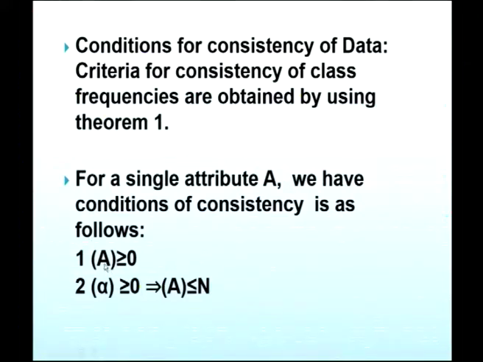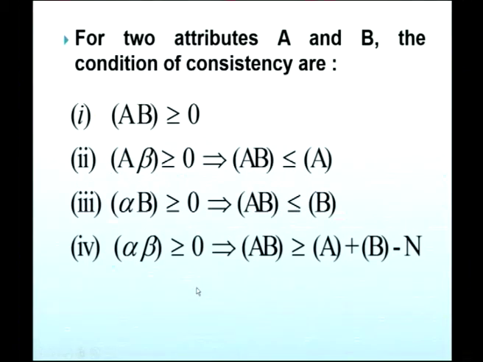For a single attribute A, the condition for consistency is A is greater than or equal to 0, and the second one is class frequency alpha is greater than or equal to 0, meaning A should be less than or equal to n. For the case of two attributes A and B, the conditions of consistency are AB is greater than or equal to 0. Then A beta greater than or equal to 0 implies AB minus A beta; A beta stands for A minus AB.